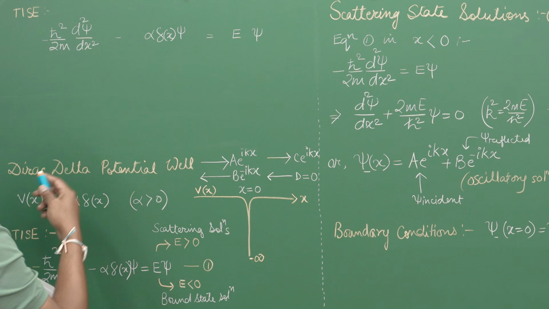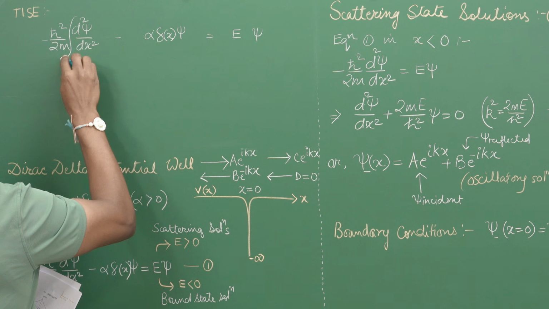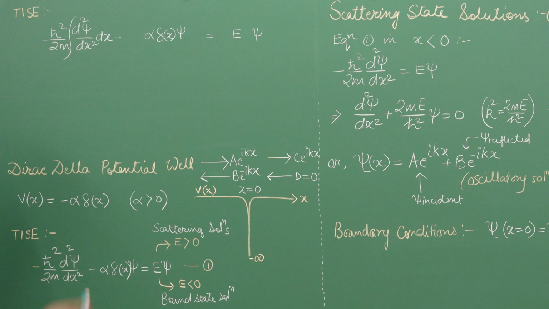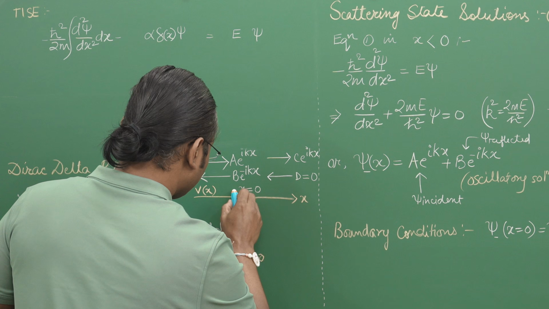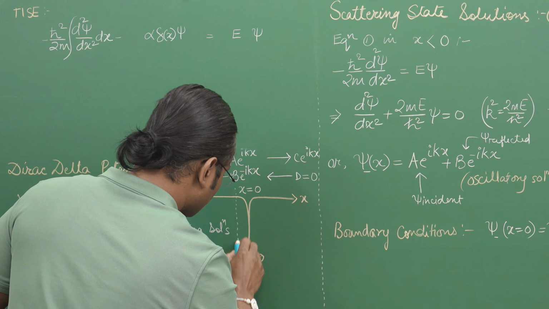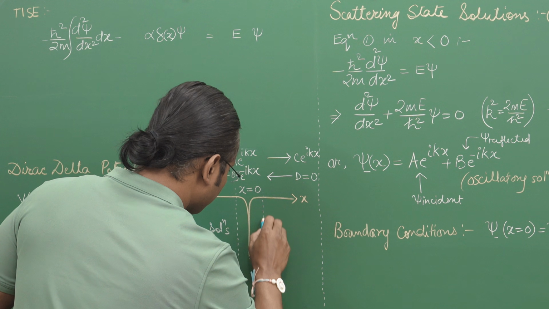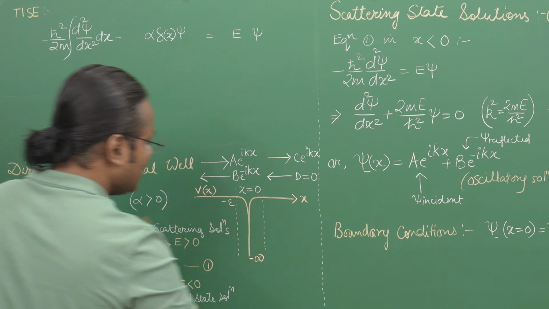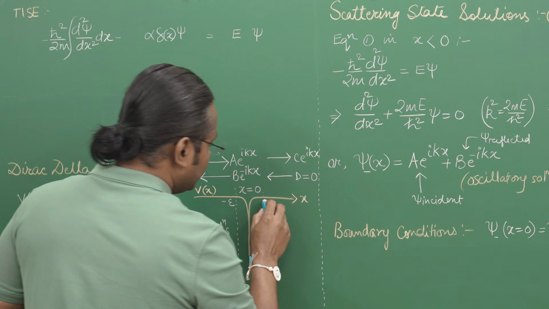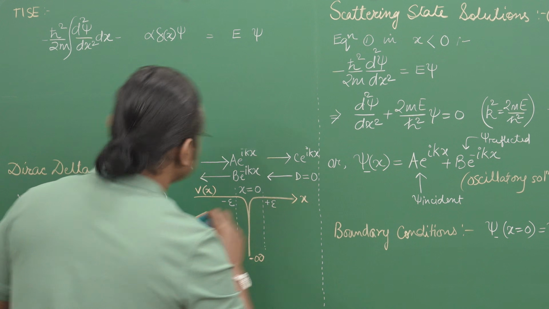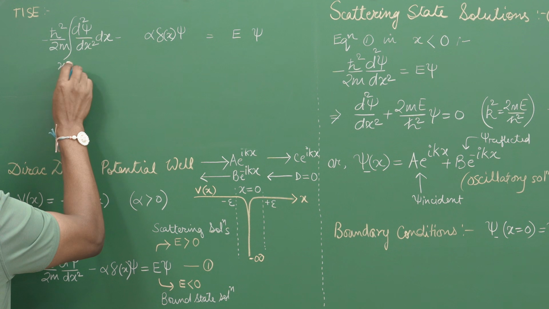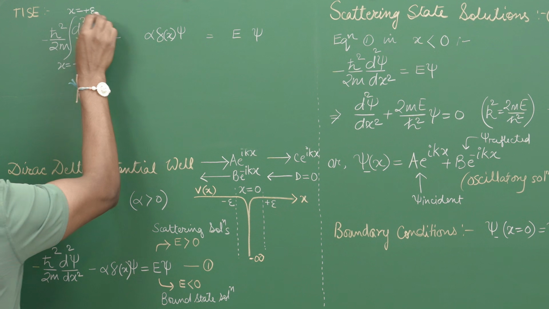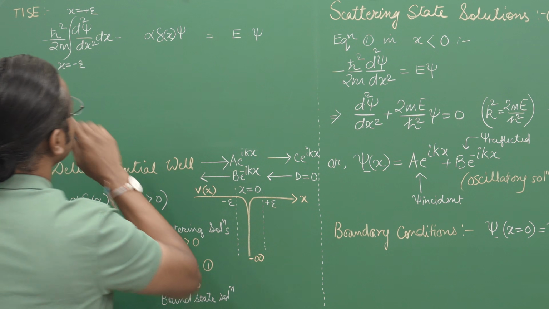So I'm going to integrate this expression between two distinct regions. So one is, of course, at some x value minus epsilon in the left hand side, and another at an x value of plus epsilon. So between x is equal to minus epsilon and x is equal to plus epsilon, that is where I'm going to look at this particular equation.